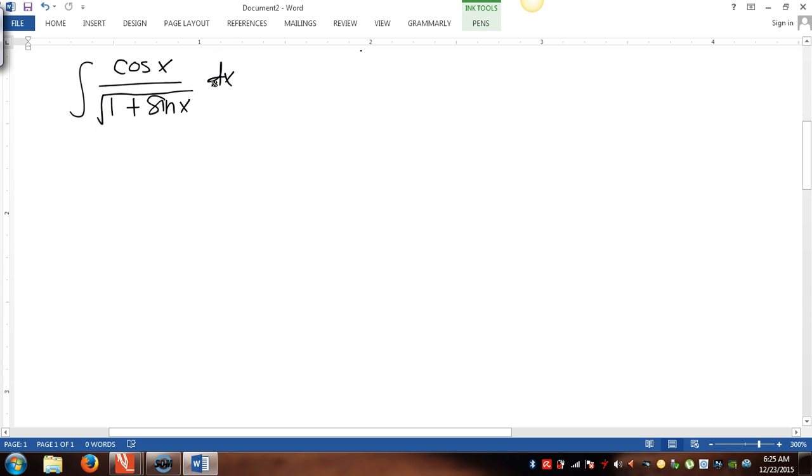First of all, we have to assign which one you can assign as u. My tip for you: please find the function that is difficult to differentiate as your u. For this particular question, we can write it as cos x over (1 plus sin x) to the power of a half dx.